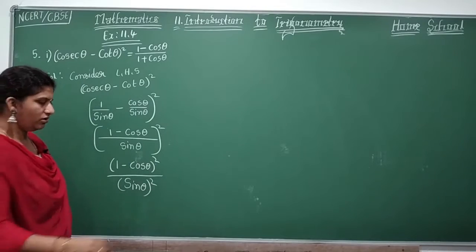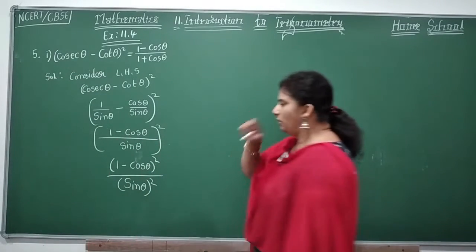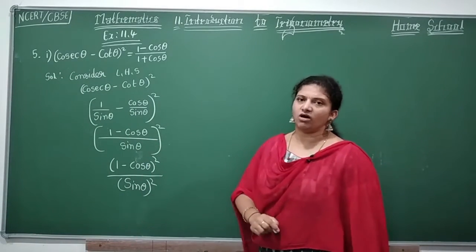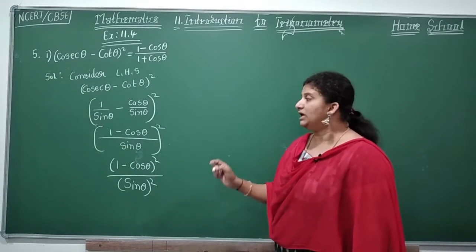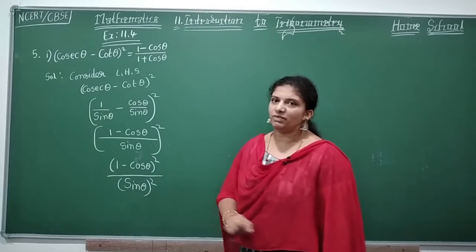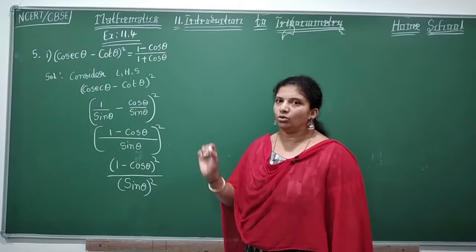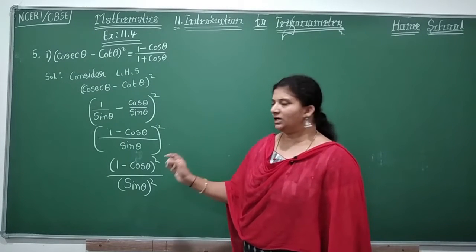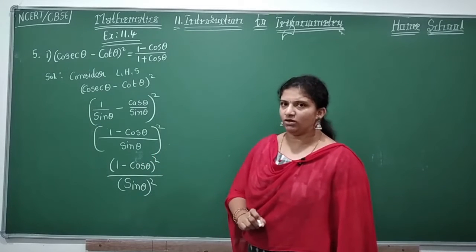Let me do this side. What is 1 minus cos theta whole square? Immediately some of the children will say it is a minus b whole square. No, wait a minute, no need of splitting a minus b whole square.